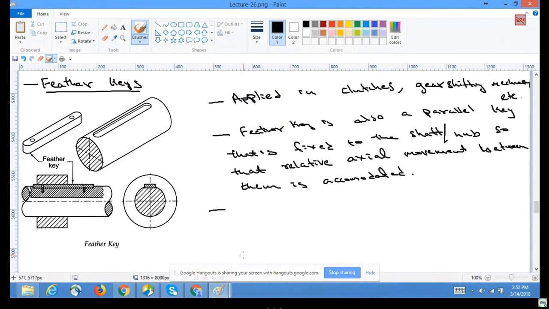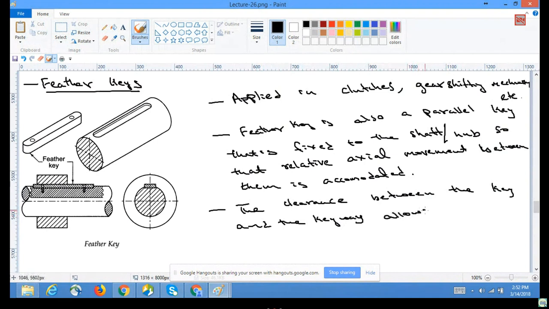This has axial flexibility, and further the clearance between the key and the keyway allows for sliding motion.